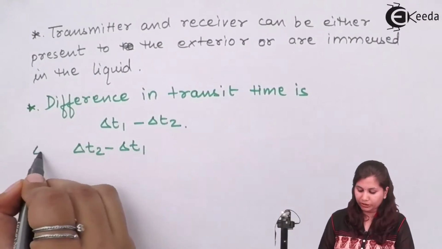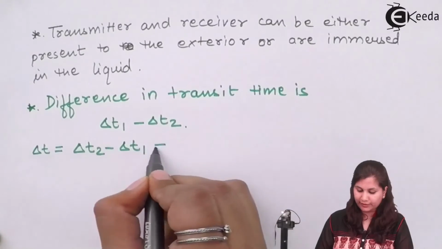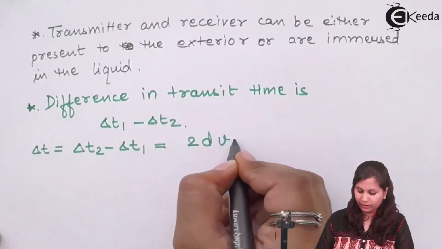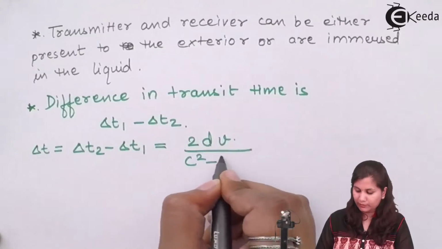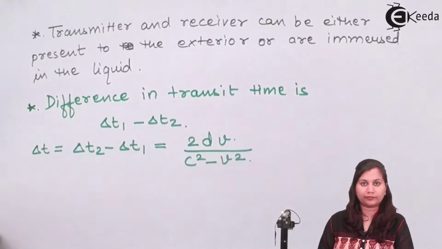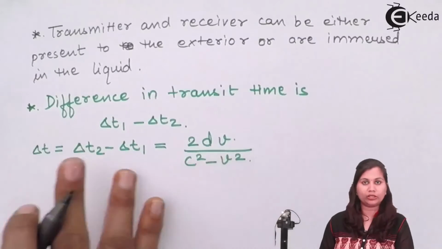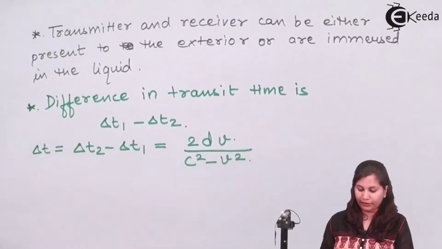We can find del T, which is given by 2 d v upon c square minus v square. So by using this formula we can find the velocity or the flow rate.